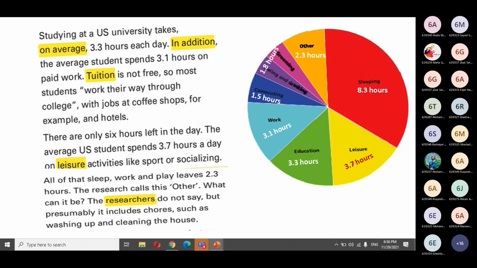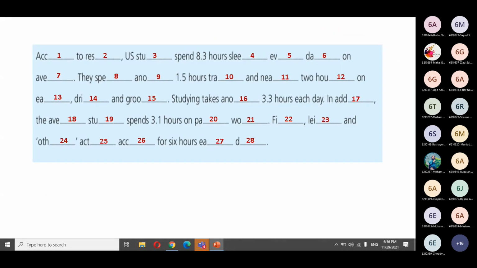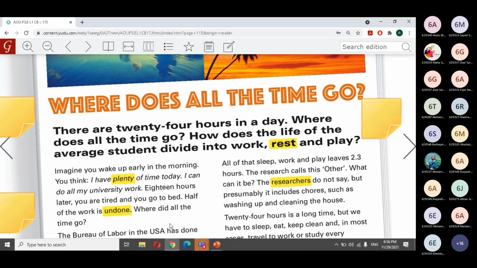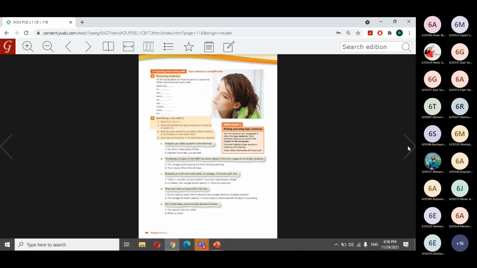These are the answers for all the other activities. Now, if you look at the book, we have a very nice exercise here.